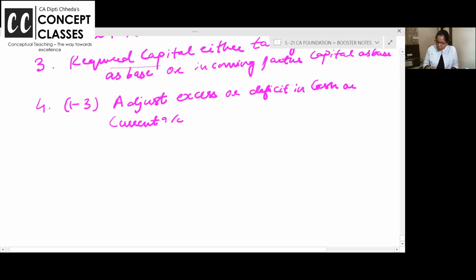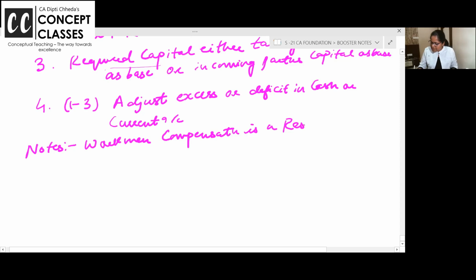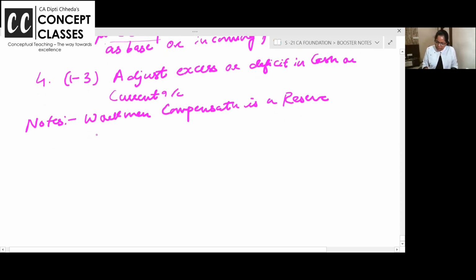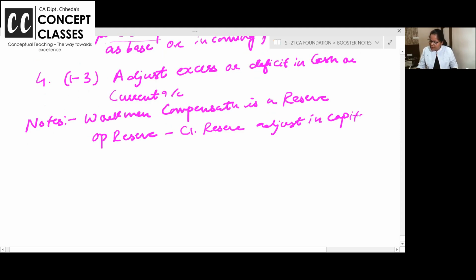And one more, some notes you write down. Workmen compensation is a reserve. Opening reserve minus closing reserve, adjust in capital accounts.